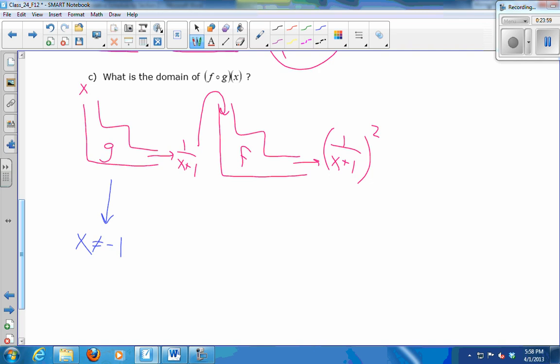Right. So if I put a -1 in, I would jam the G machine and it would actually never get to F. So I've already established don't start with -1. It's already a restriction. But there are no numbers that I have to avoid squaring, right? I can square anything. So the F machine has no restrictions.